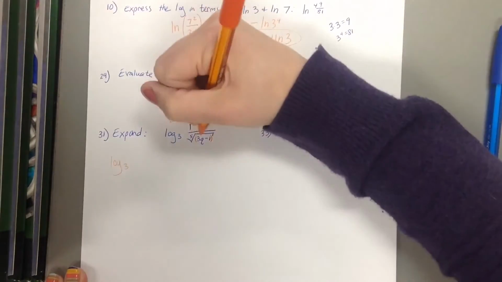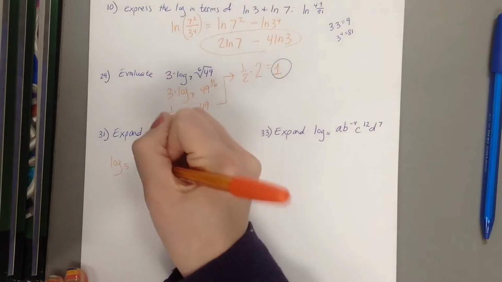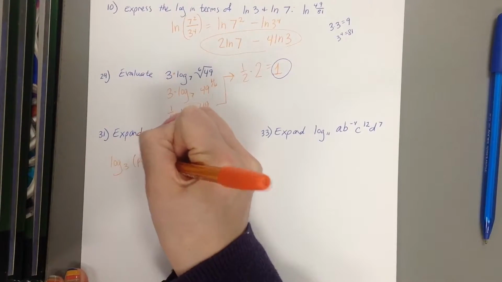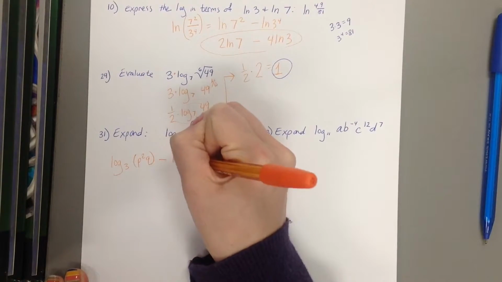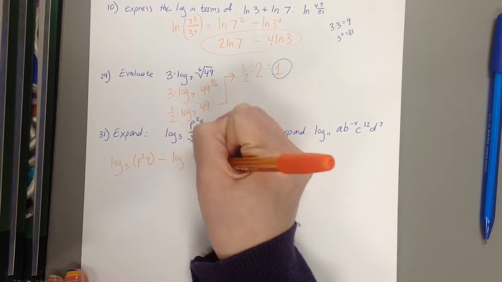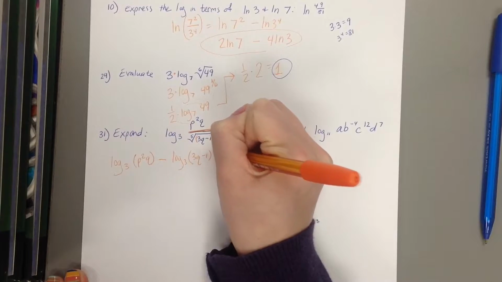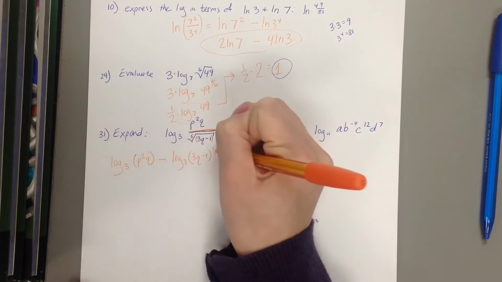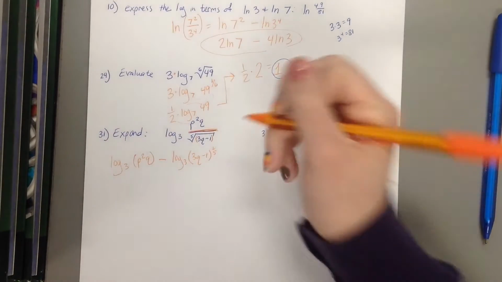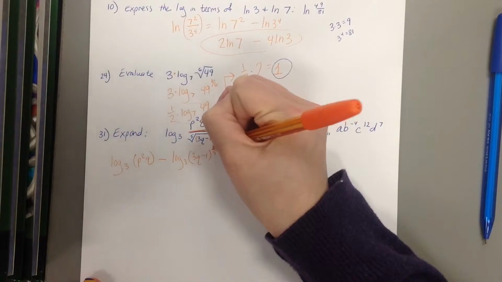I am dividing here. So in the numerator, in the first piece, I have p squared q minus the logarithm of 3q subtracting 1 to the 1/5 power. That's my 5th root, where that comes into play.